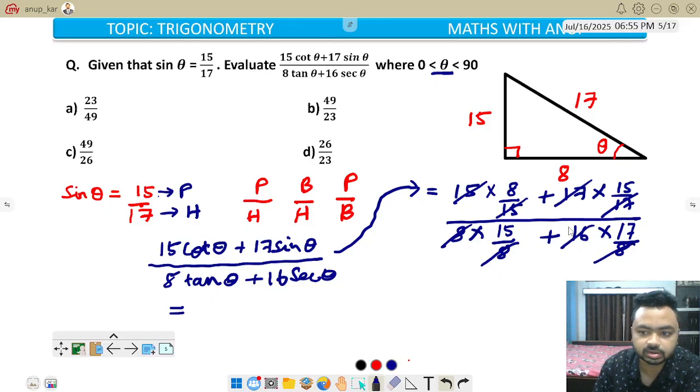So it will be 8 plus 15, nothing but 23, and here 15 plus 34, that is 49. So it will be nothing but 23 upon 49. This is my answer. Option A will be the correct one. I hope it is clear. We have to remember this thing, and with practice we can remember it easily.